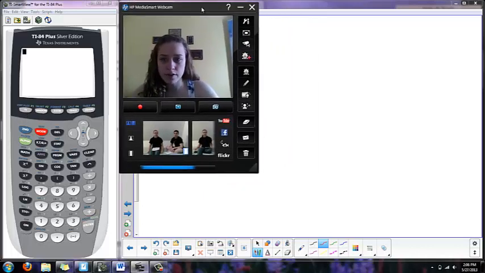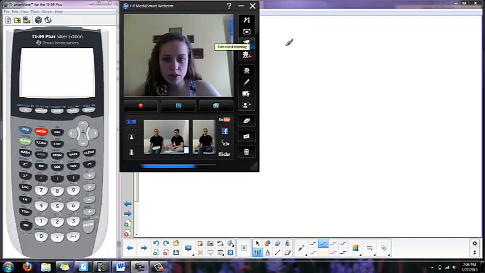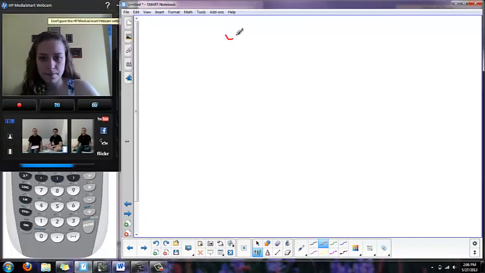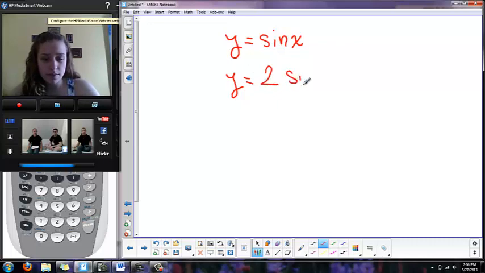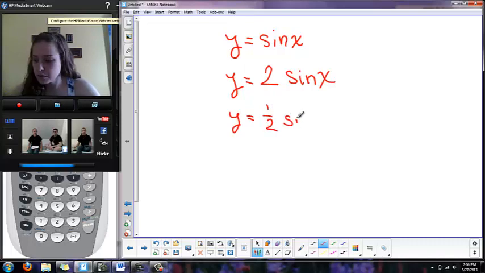We are going to graph y is equal to sine of x, y is equal to 2 sine of x, y is equal to 1/2 sine of x, and then I believe the last one is 4 sine of x.